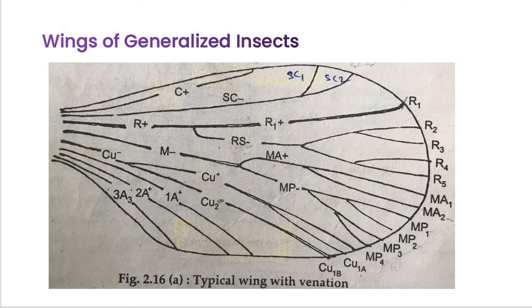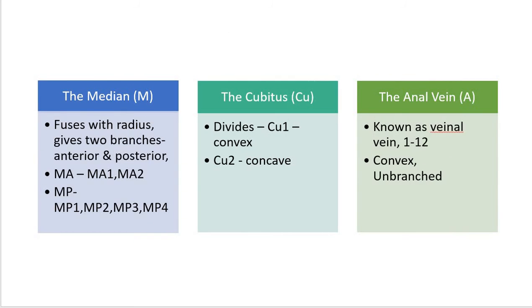Okay, then the next one is the median, again designated as M. The median vein is the fourth vein, and it starts from the distal medial plate and mostly fuses with the radius. After running for a short distance, it gives two branches, the anterior and posterior media respectively.